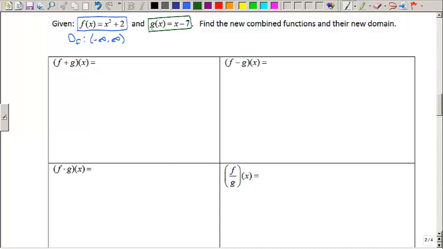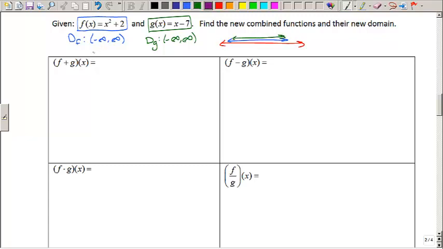For g of x, I would like to know the domain of g before I get started on combining the new functions. The domain of g is also all real numbers, because we have no even roots, we also have no denominators. So the domain of my blue function is all real numbers. The domain of my green function is also all real numbers.